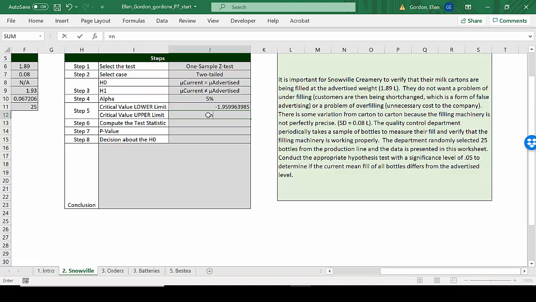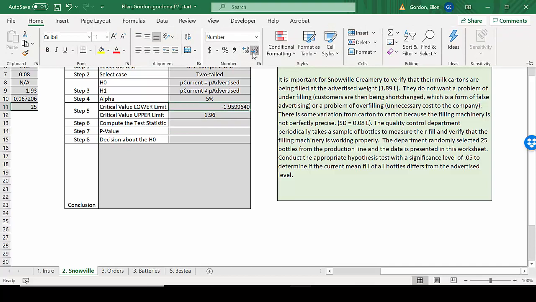For the upper limit, it's NORM.S.INV, and we do 1 minus our alpha divided by 2. And again, you can see that the values are the same. It's just that the lower is negative and the upper is positive.